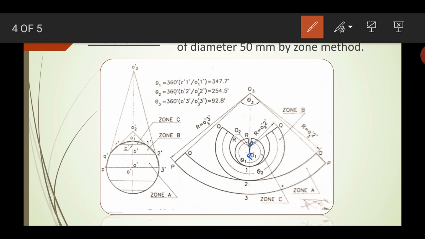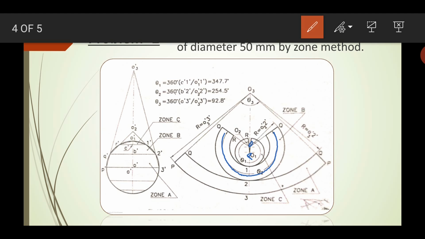Then from O1 you mark the theta 2 angle, 254 degrees, and draw the similar distance. That means the outer will be more. The outer is P dash and 3 dash, and here it is 2 dash and Q dash, and Q and 2 dash.